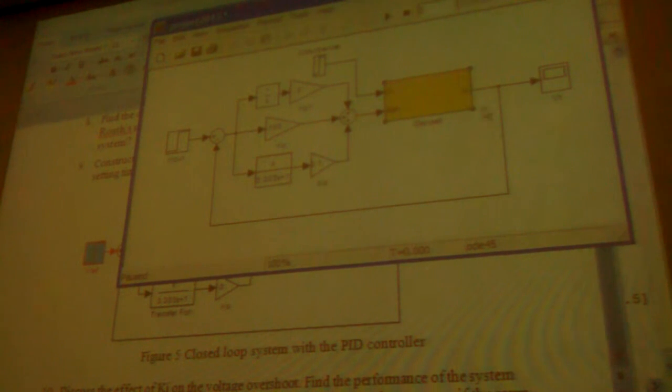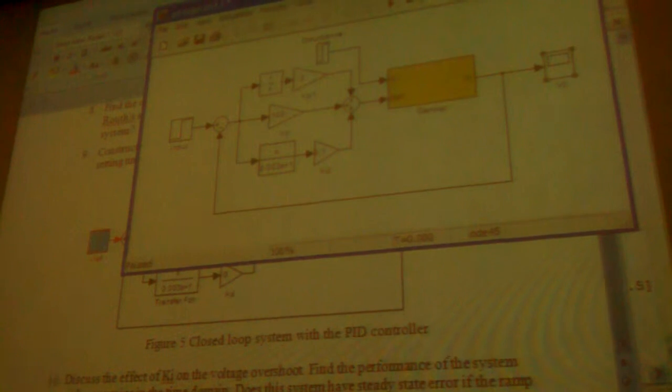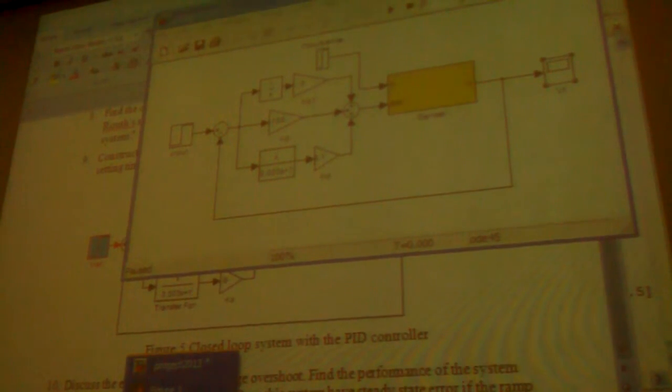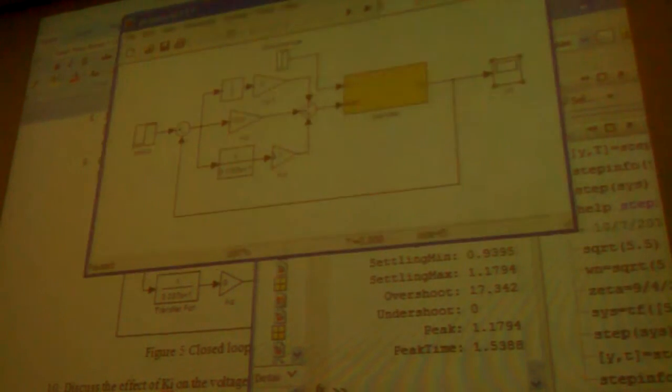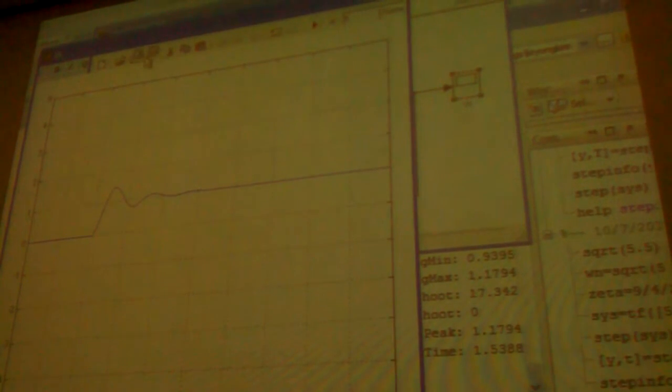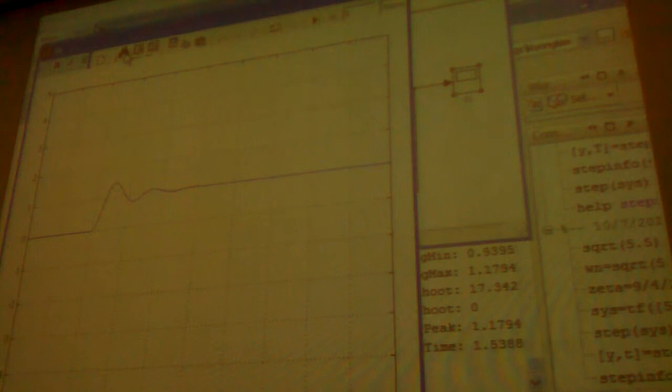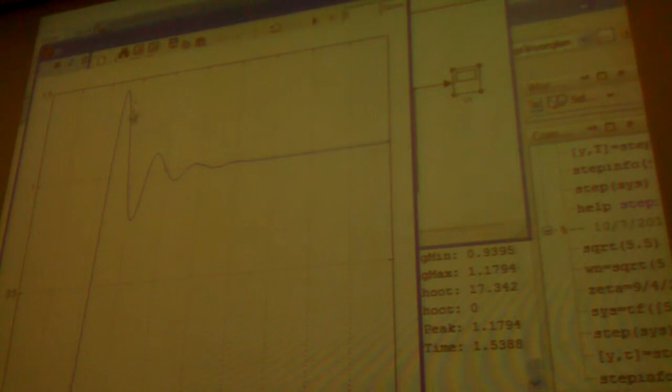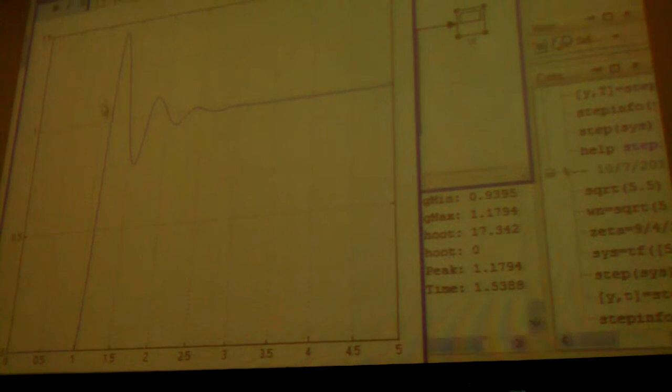Say, what is the overshoot? There should be some kind of error. No, it's not an error. Let's look at this one. It's obviously more than 5%.